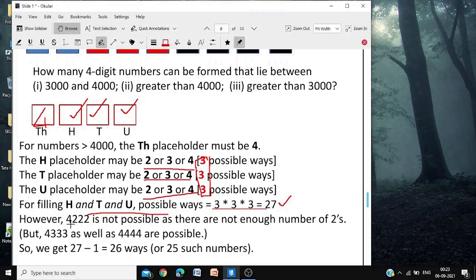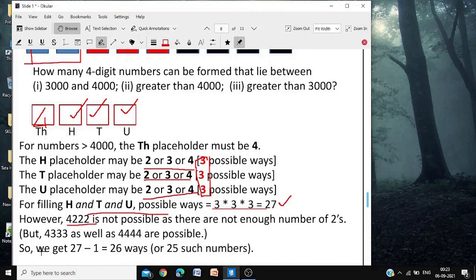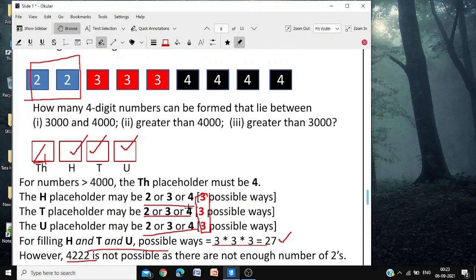But 4222 is not possible. How many 2s do we have? We have only 2 2s. So we can't put 3 2s. 4222 is not possible. But 4333 and all the others are possible because we have enough 4s.